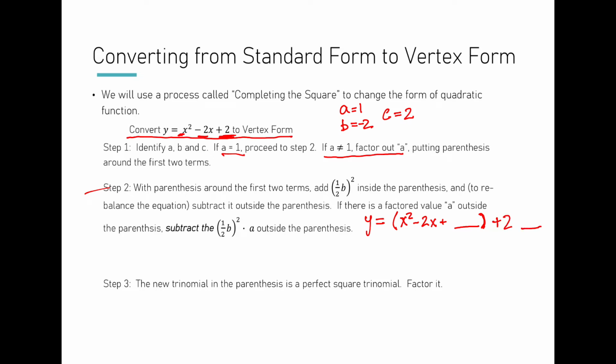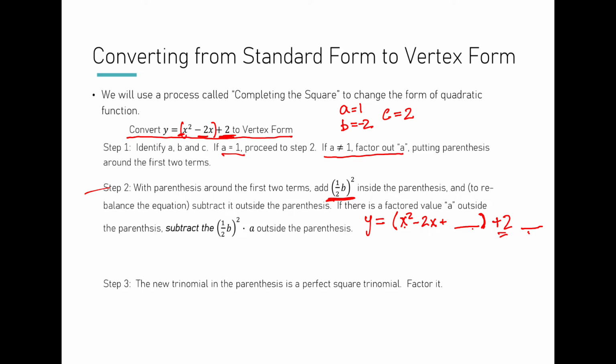So all I did was rewrite this so that the parentheses include the first two terms, the x squared and the minus 2x. I left this part out, and I left some blank spots, because we're going to add something. What we're going to add is going to make the part that's in the parentheses, at least, a perfect square trinomial that we can factor down.